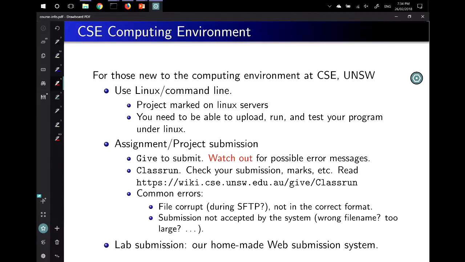So just watch for the success message to make sure you really submitted your assignment. Another thing is the file name. In Linux, and I think in Mac, capital and small letters are different in file names, but in Windows, I think they are the same. So that's another common problem.